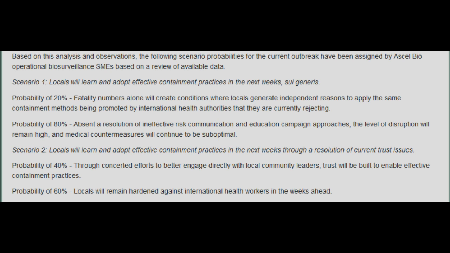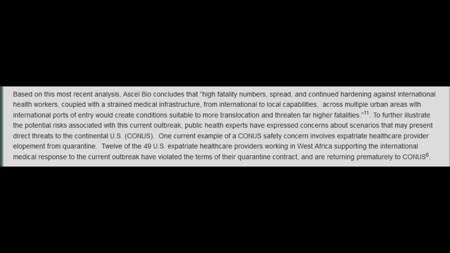Scenario 2. Locals will learn and adopt effective containment practices in the next weeks through a resolution of current trust issues. 40% chance that through concerted efforts to better engage directly with local community leaders, trust will be built to enable effective containment practices. 60% chance locals will remain hardened against international health workers in the weeks ahead. Not very promising. And this is the last one, so thanks for staying with me if you're still here.